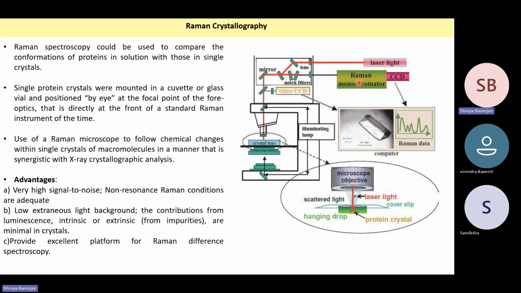We know that Raman spectroscopy can be used to see very minor changes. And so when we are focusing the Raman spectrophotometer on that single crystal, we can study the changes happening in the crystal.